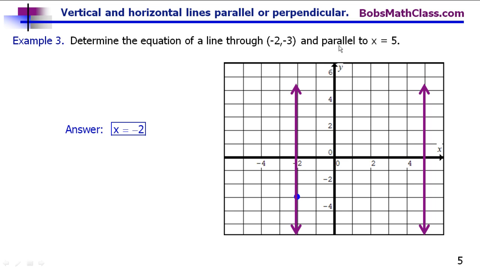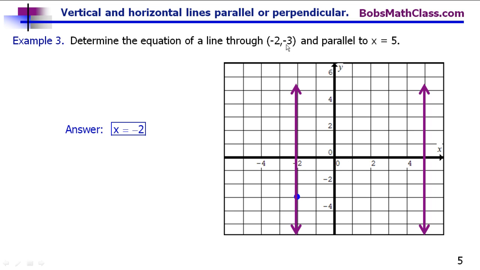You could have just said parallel to x equals 5, which is a vertical line. So a line that's parallel to a vertical line is another vertical line. So if we want a vertical line, it's x equals -2. If we desired a horizontal line, then it would be y equals -3.